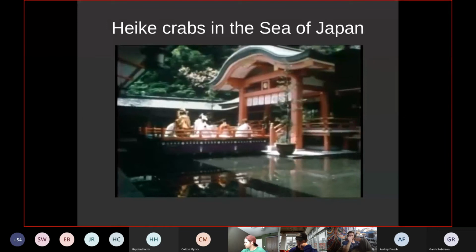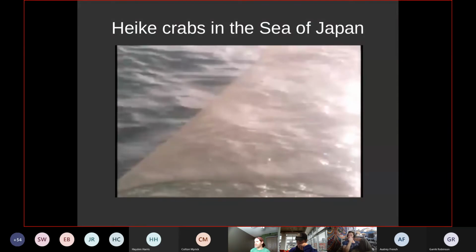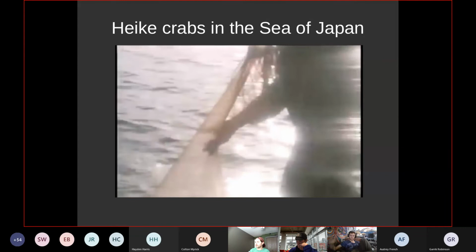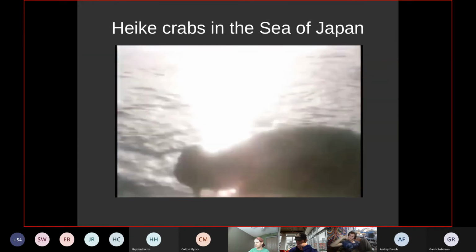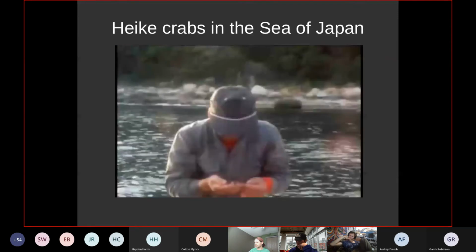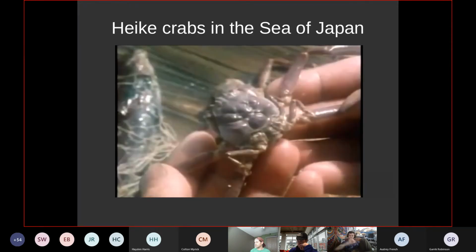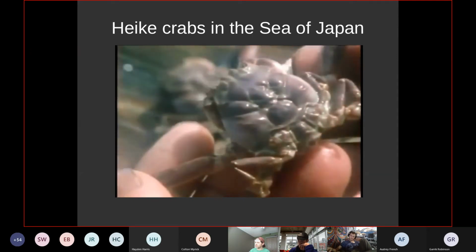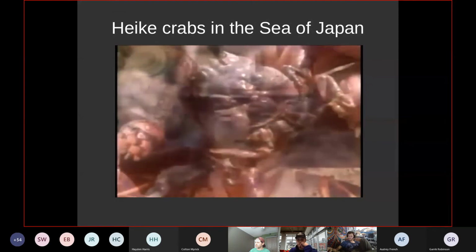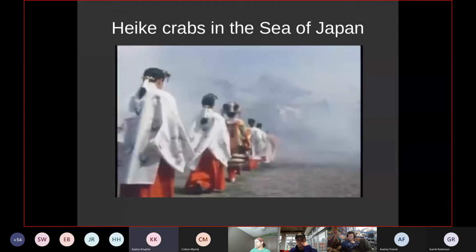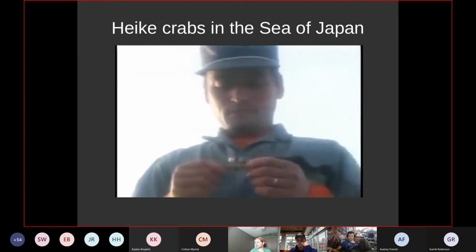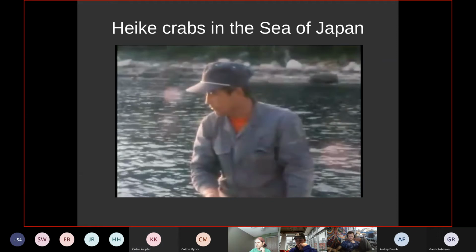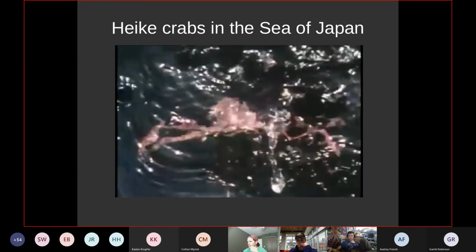The fishermen say that the Heike samurai wander the bottom of the inland sea still, in the form of crabs. There are crabs to be found here which have curious markings on their backs, patterns which resemble a human face with the aggressive scowl of a samurai warrior from medieval Japan. These Heike crabs, when caught, are not eaten. They're thrown back into the sea in commemoration of the doleful events of the Battle of Dano Ura.